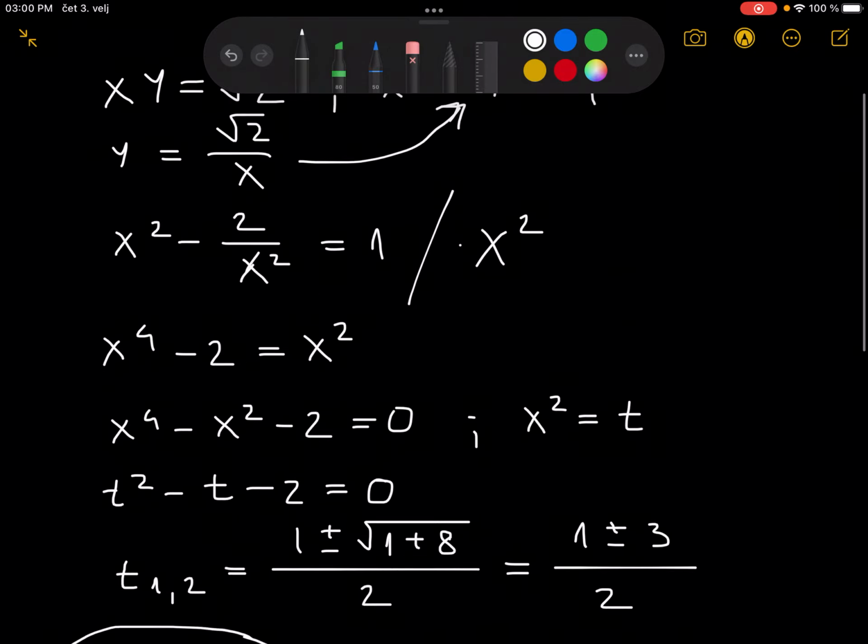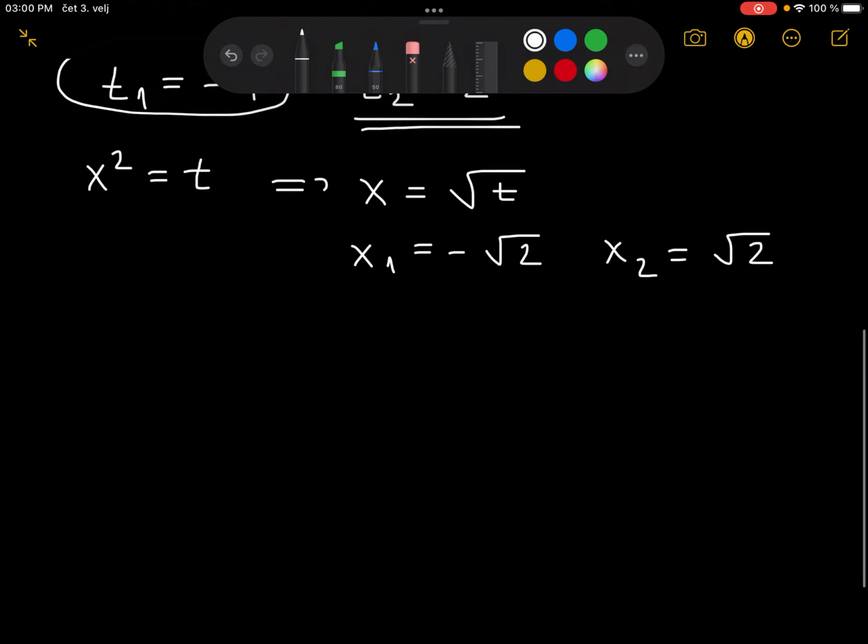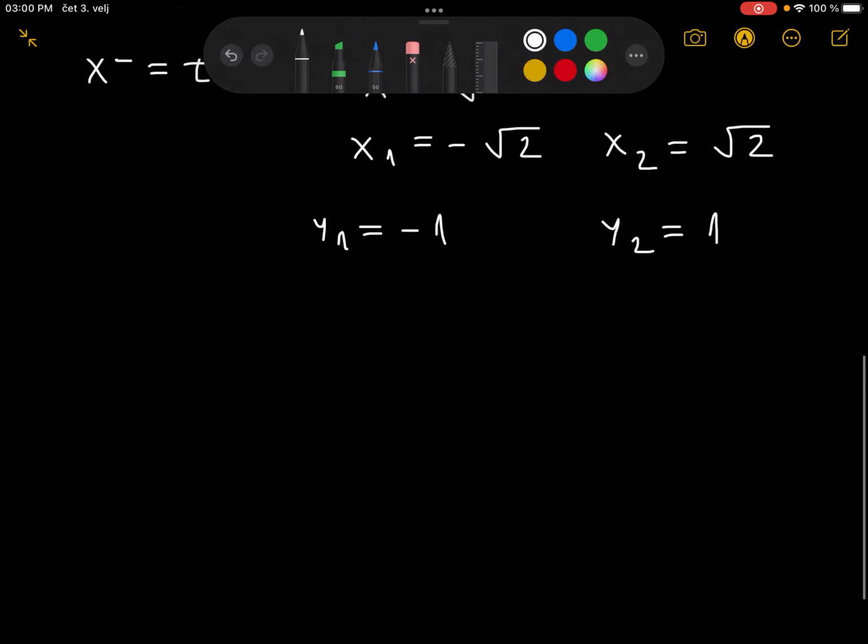Remember that y is equal to square root of 2 over x, so y1 is equal to square root of 2 over the negative square root of 2, which is equal to negative 1. And in the other case, we'll just get square root of 2 over square root of 2, which is equal exactly to 1. So basically, we have two intersection points in the real world.